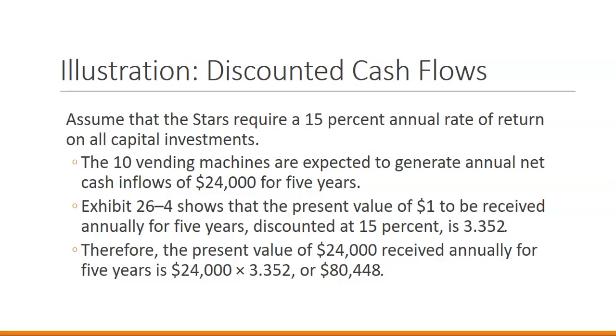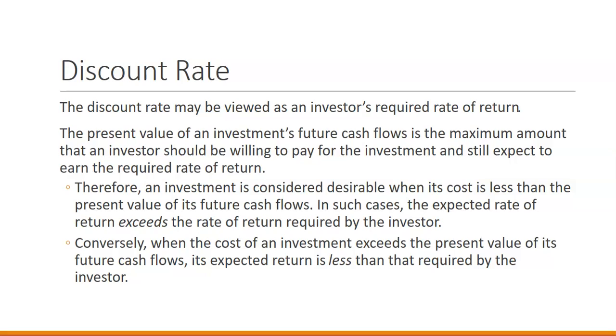So we have a 15% annual rate of return. We have 10 vending machines that are expected to generate annual net cash flows of $24,000 a year for 5 years.